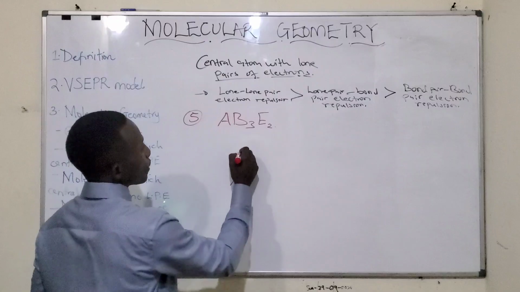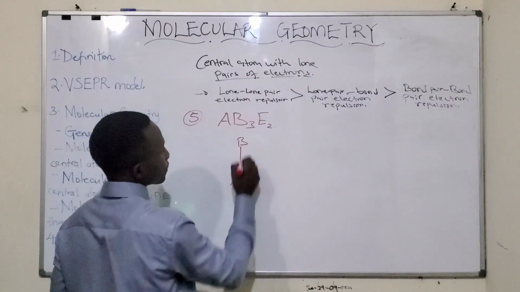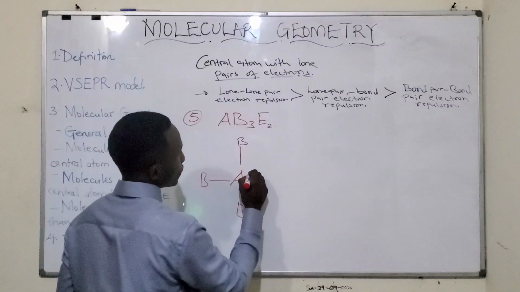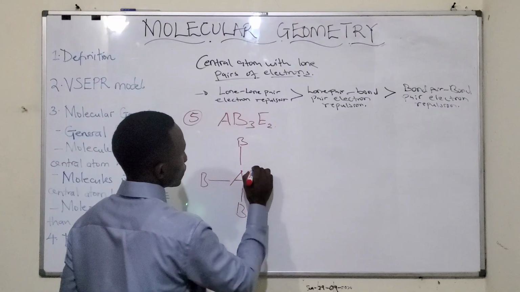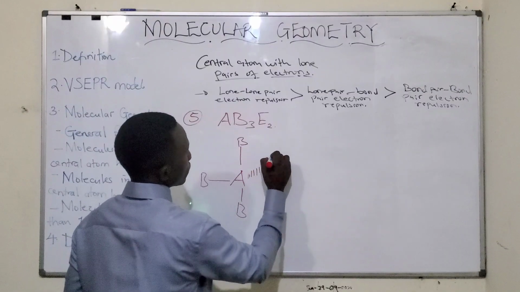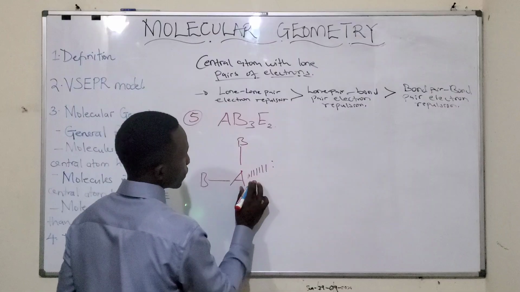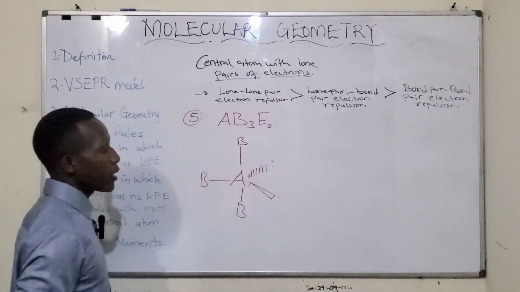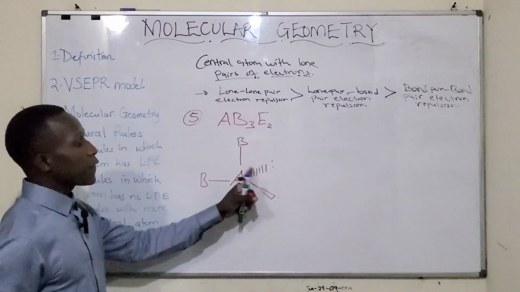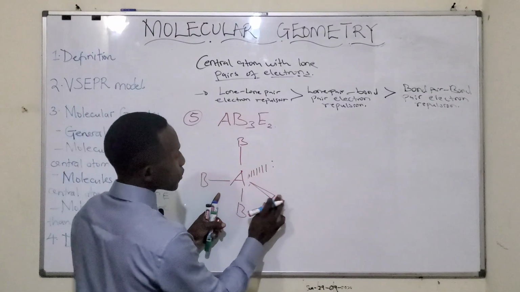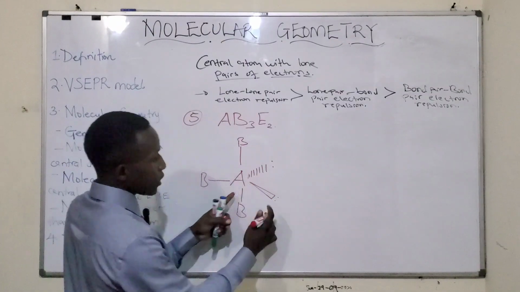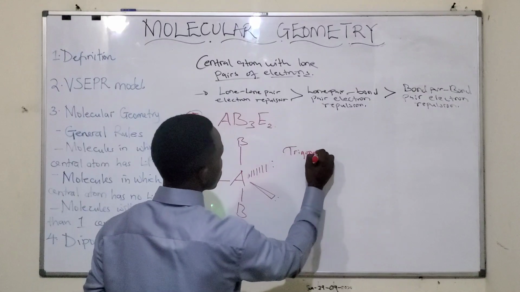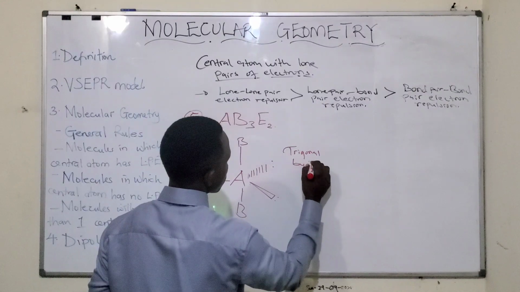So we shall have here B, another B, we have B and this lone pair, and this one as a lone pair. If these ones are also atoms, this structure is trigonal bipyramidal.